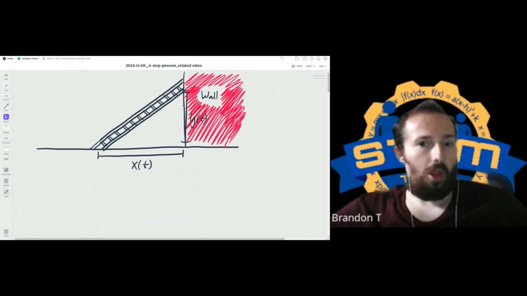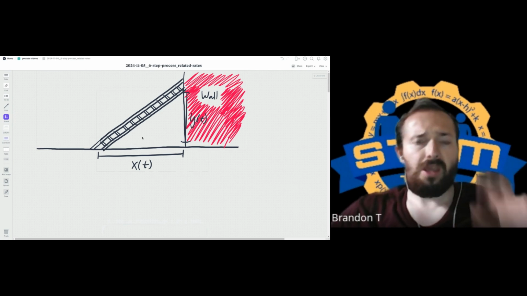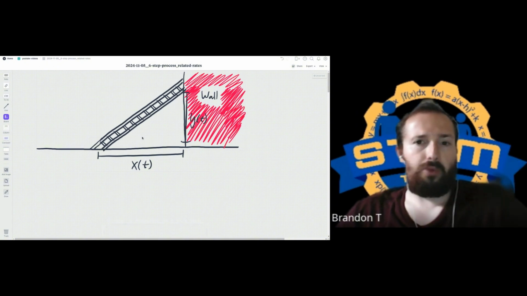In other words, there's an equation that tells us that the rate at which the ladder is being kicked out away from the wall is related in some way to the rate at which the ladder slides down the wall. Hence the term related rates: the related rates of change of different measurements in your diagram over time. So that's conceptually what we're dealing with in related rates.